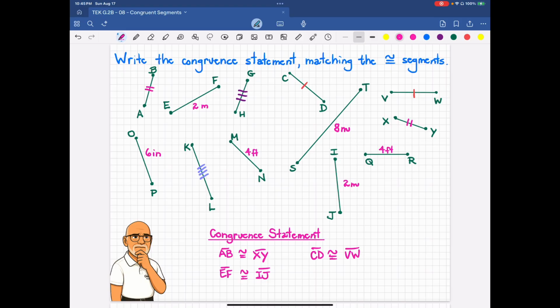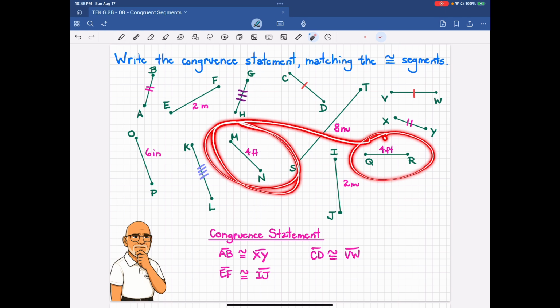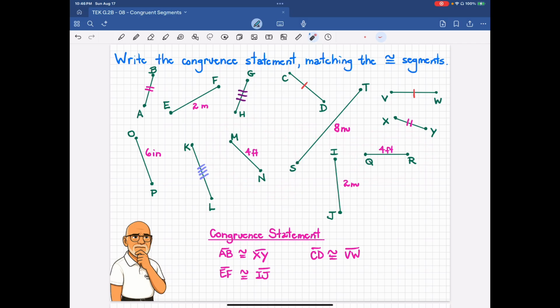As I look around, I am seeing that I have a 4-foot segment here, and I want to find another matching 4-foot segment. So I found the pair, and I'm going to say MN is congruent to QR. And remember to put the line segment symbol above the letters.